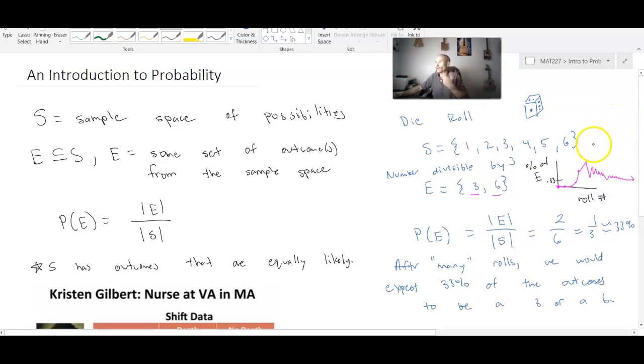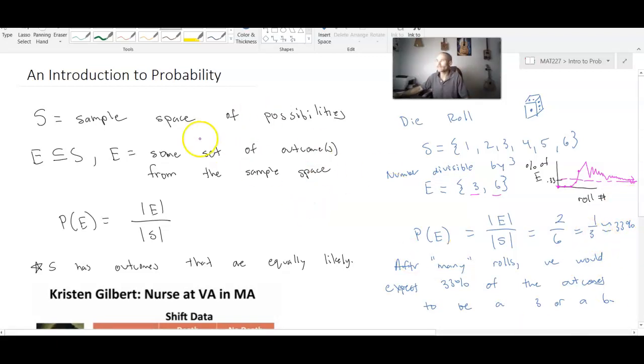So after many, many repetitions of this die roll experiment, only then should we see that 33% of the outcomes result in the desired outcome, which is either a 3 or a 6.